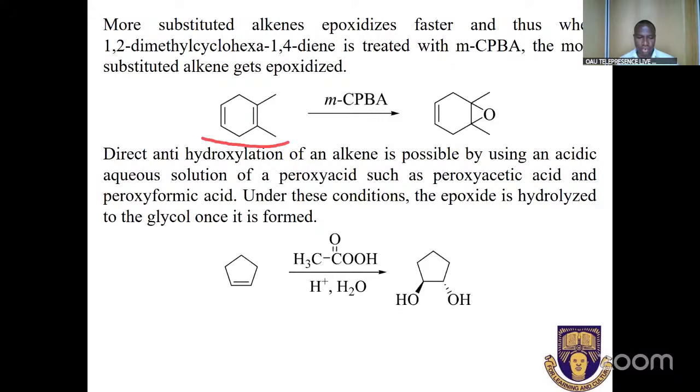Ordinarily, with the peracid, you should expect an insertion of an oxygen there. But if that is carried out in acidic aqueous solution, the epoxide, that is the three-membered cyclic ether that is formed, is hydrolyzed, and a glycol is formed.